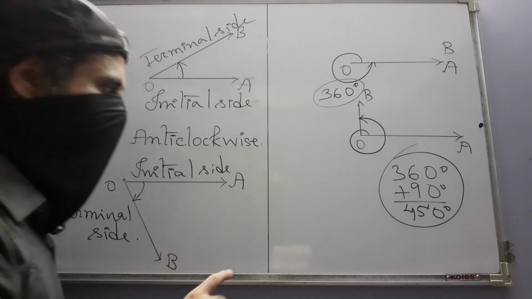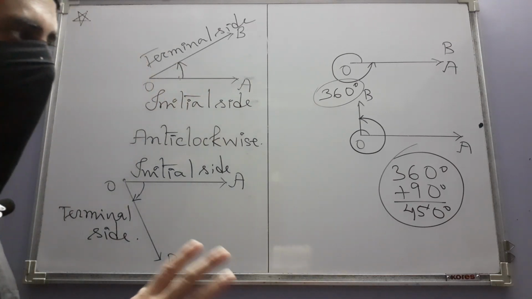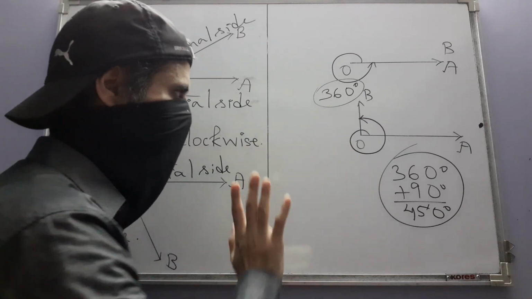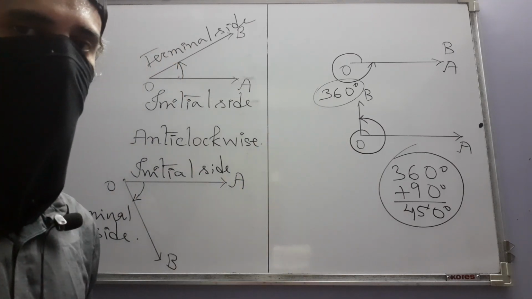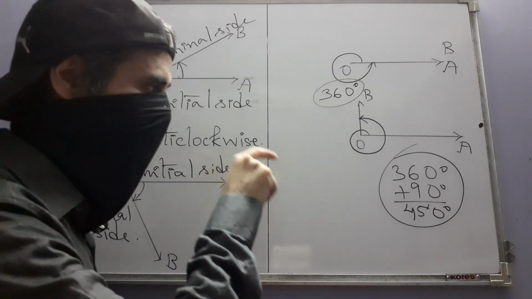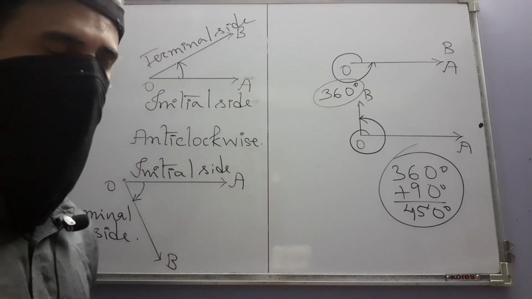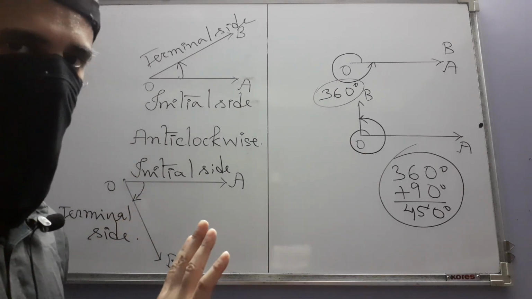So in this way, by extending the definition of angle, we won't exactly call this thing a geometric angle, but it is a rotation with which we have assigned an angular measurement. That angular measurement can have any value, any positive real number as value.